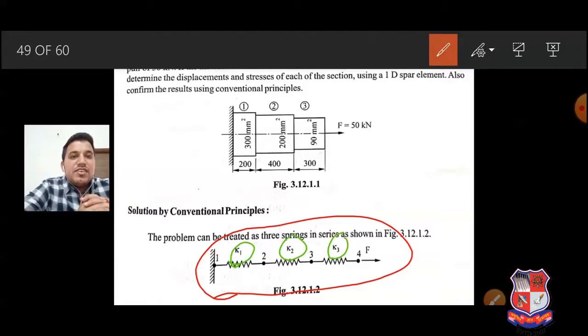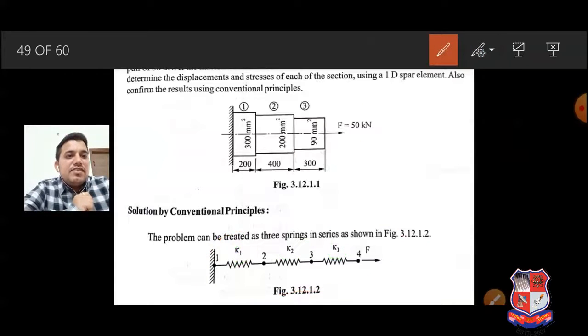So this is the first step of our FEA. It is the discretization of the body. Here we have discretized the body in the form of springs, which is utilized for our example purpose. So let's start with the detailing.